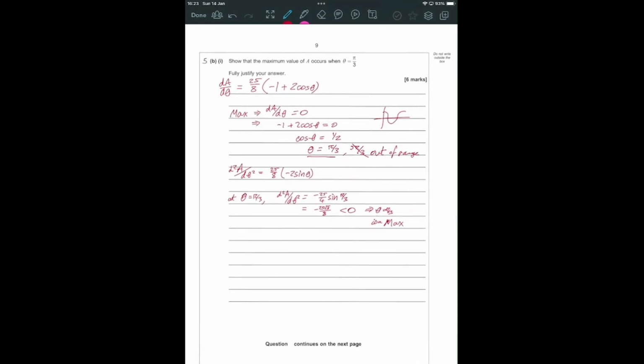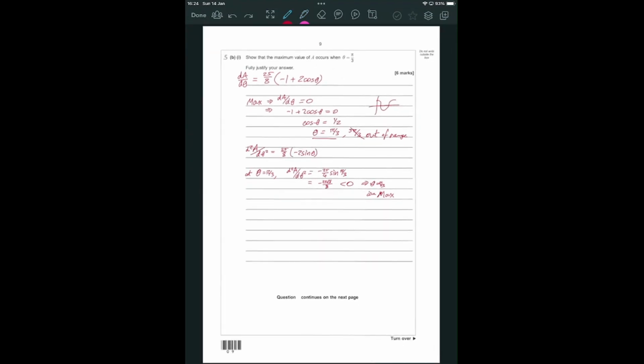Double check that I've done everything correctly. I've checked it's a stationary point. That's telling me that this pi by 3 is a stationary point, and then I've checked it's the right type of stationary point. So yes, I have shown, and my conclusion is sufficiently supported, to say that pi by 3 is a maximum.